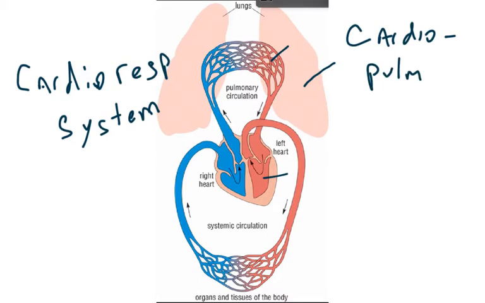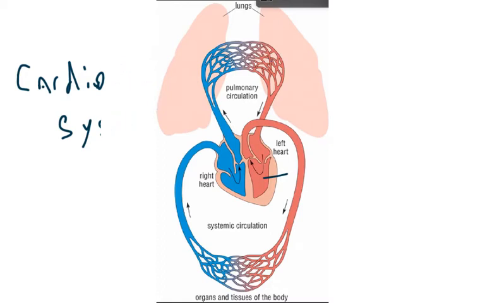Both these terms are used interchangeably. Sorry, I can't spell. Either way, I'm just going to refer to it as the cardiorespiratory system. It's just the term that I've grown up using within my career. Just be aware that both of those terms mean the same thing.